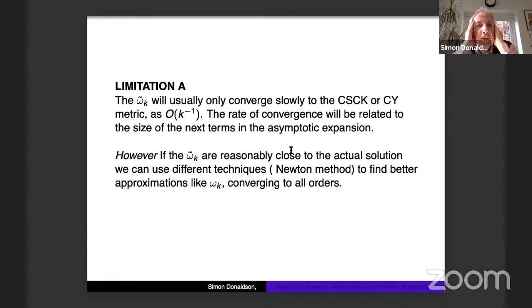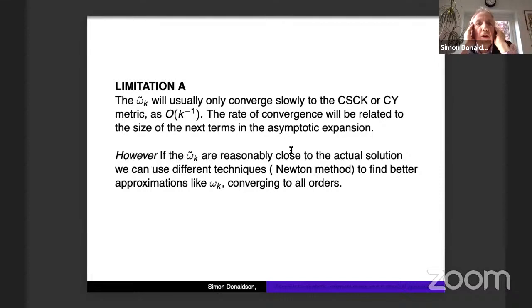First, limitation A is that if we do it this way, our approximations omega tilde k will, apart from very special cases, only converge slowly to the metric that we're interested in, only as order k to the minus 1 or something. In fact, the rate of convergence one can more or less see from the next term in the asymptotic expansion of the Bergman kernel.